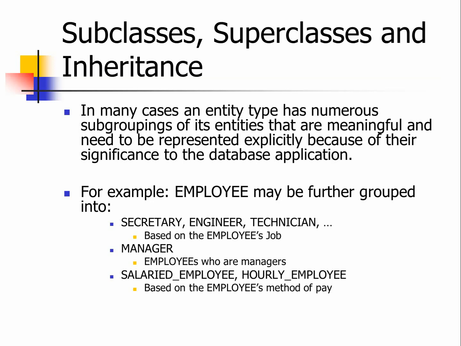If we focus on the employee entity, you can imagine that employee can be further divided into many different kinds of things. For one, based on their job type, employees can be subgrouped into secretary, engineer, technician, etc., or sales, or something else. And each one of those has their own properties or attributes to describe that subgrouping.